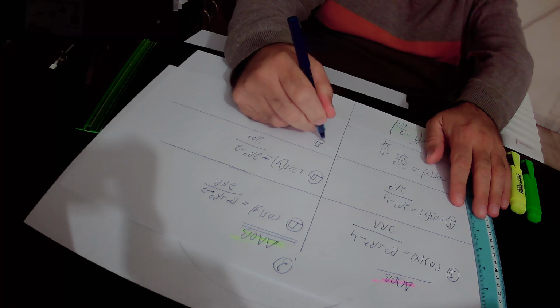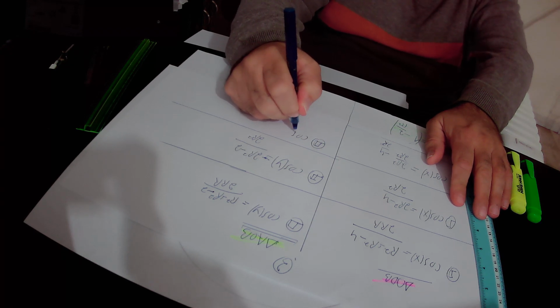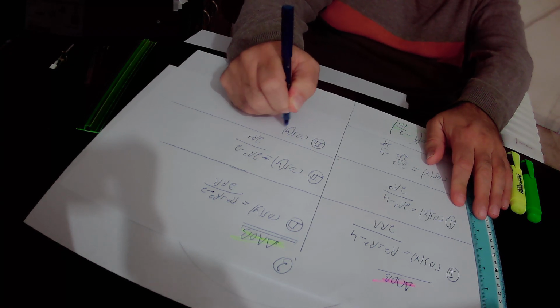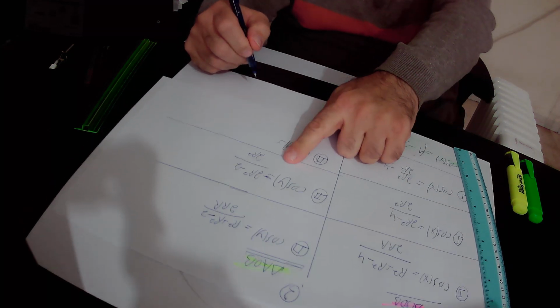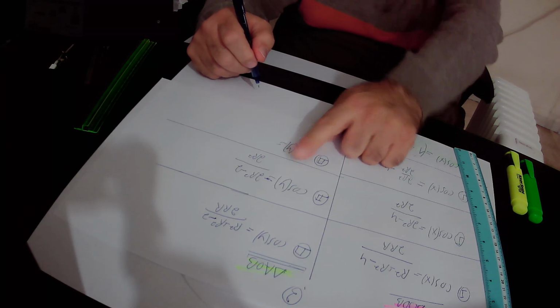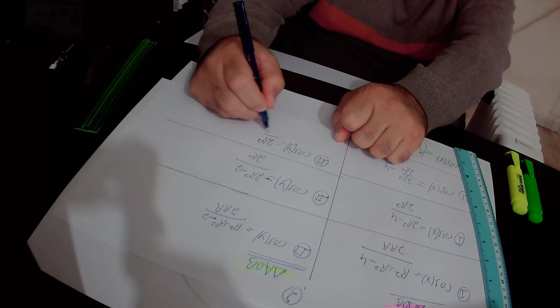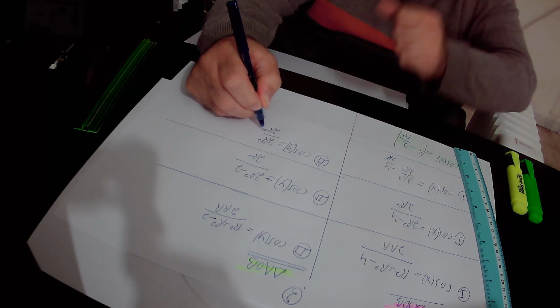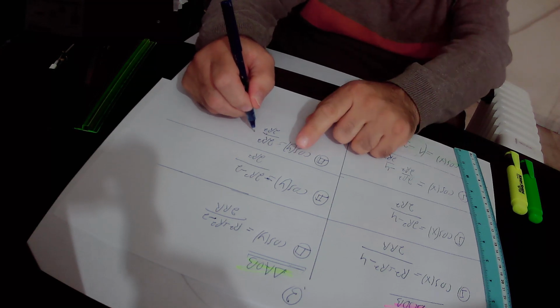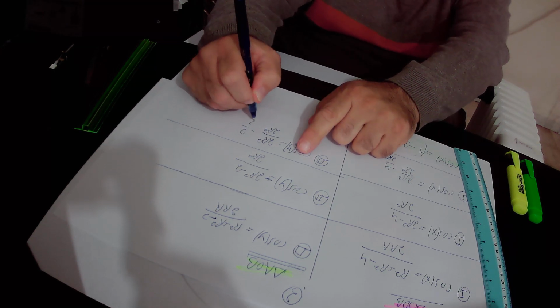So cosine y equals, we will split this expression into 2 parts. The first part will be 2r squared over 2r squared, and the second part will be minus 2 over 2r squared.